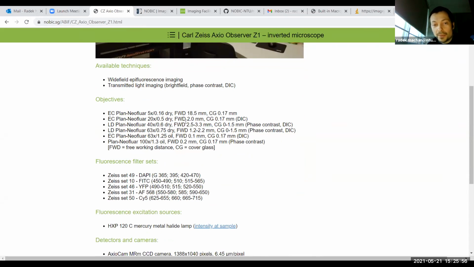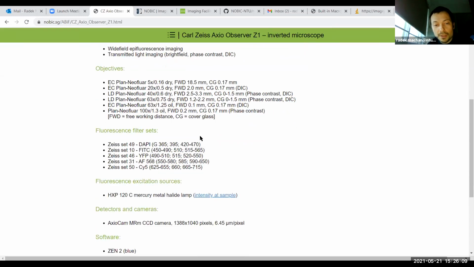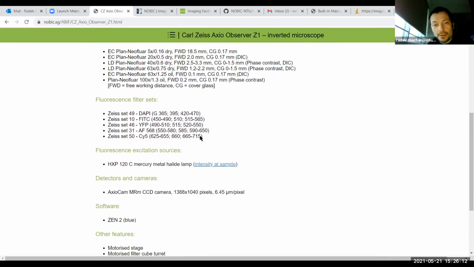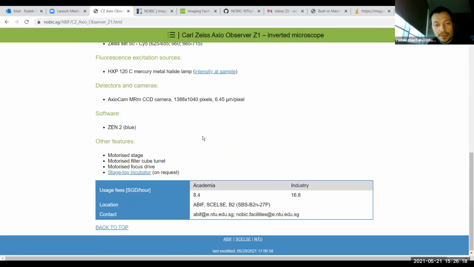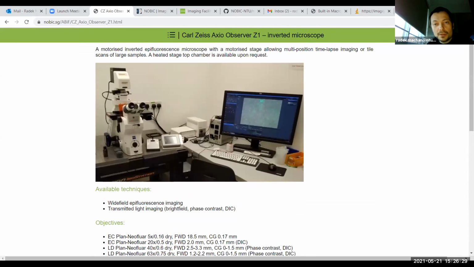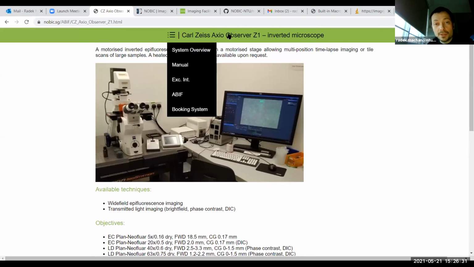If you are not familiar with microscopes, then you might not understand all these parameters so well, but we will talk about that later so that you know what all these things mean. And there are other features which characterize this microscope, and this is what we call system overview.